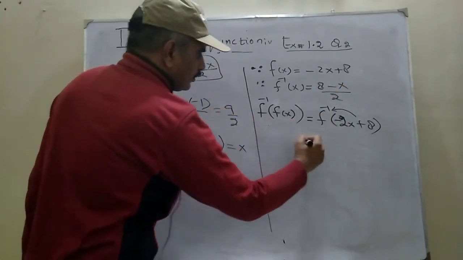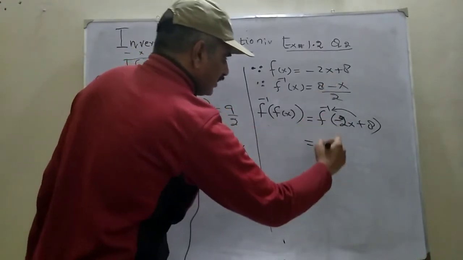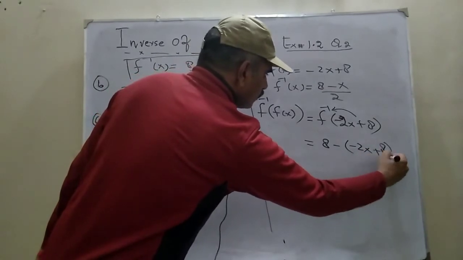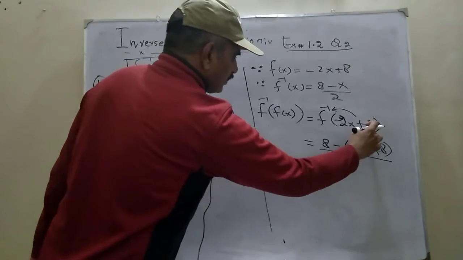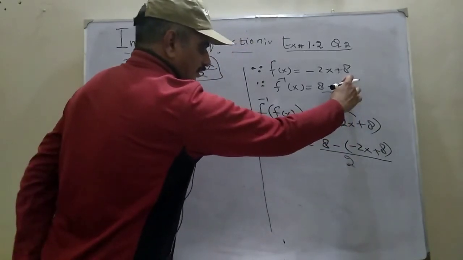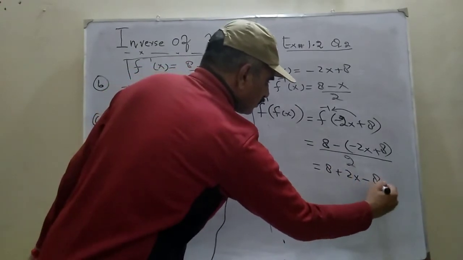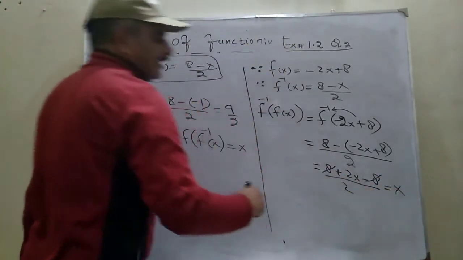So if we put this value in the inverse function, we get (8 minus (minus 2x plus 8)) over 2. That is, here we will put minus 2x plus 8 in place of this x. Let's simplify it. So (8 plus 2x minus 8) over 2, 8 cancels, the answer will be x.